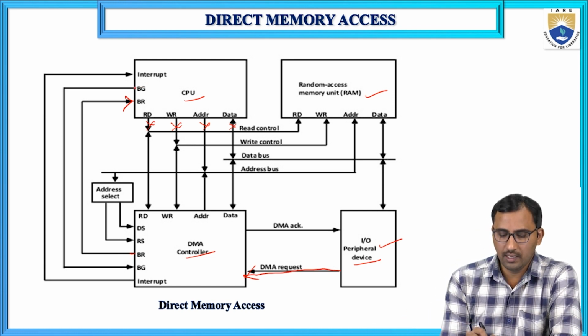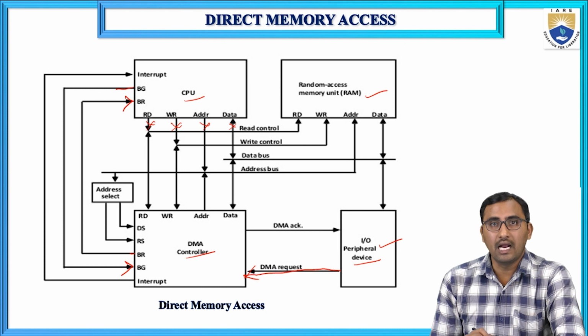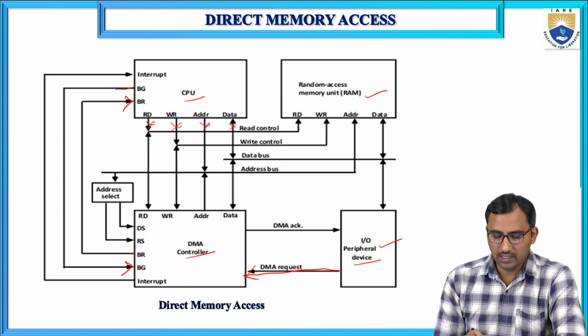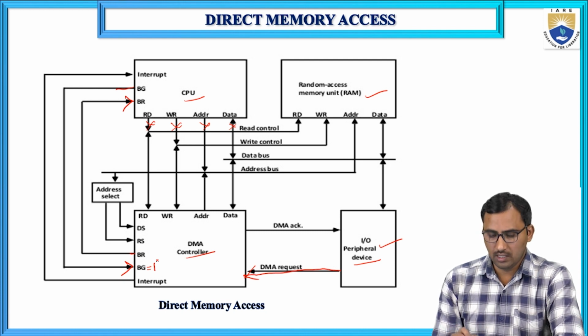The buses of the CPU are granted to the DMA controller, and this is indicated with the BG signal. BG means bus grant signal. Whenever BG is equal to 1, it indicates that the CPU has disabled its buses, and control of the CPU's buses is handed over to the DMA controller.